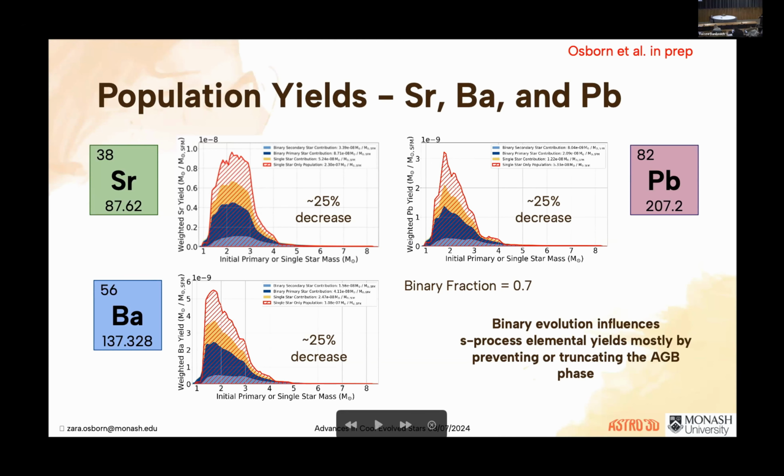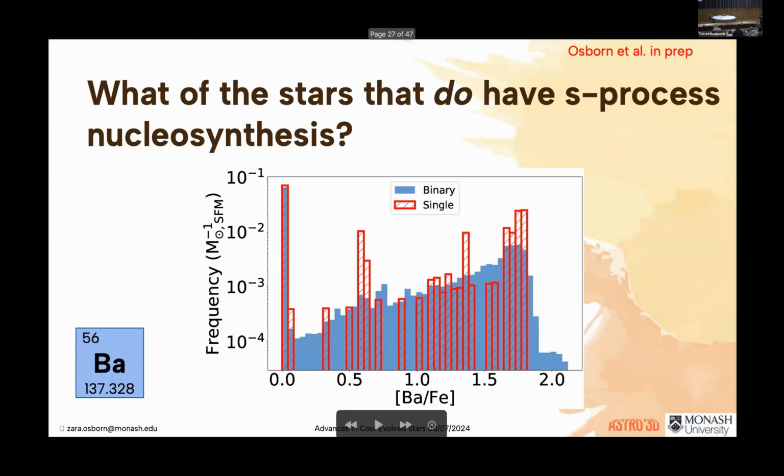Now, these are mostly the results of binary evolution preventing or truncating the AGB, but do we find any changes in the stars that do manage to enter the thermally pulsing AGB and have any S process? This plot shows the distribution of our binary and single star populations, comparing the barium to iron abundance ratios that are ejected into the interstellar medium.